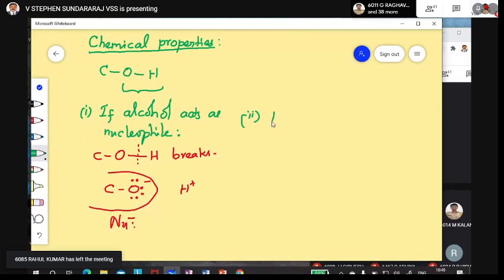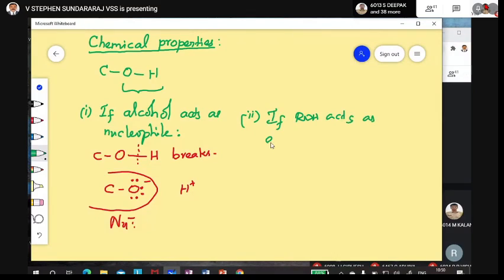The second one is, in some of the reactions, alcohol will act as an electrophile. Tell me which bond will break. The C-O bond will break. Here this bond will break, and that means the carbon will become a carbocation.